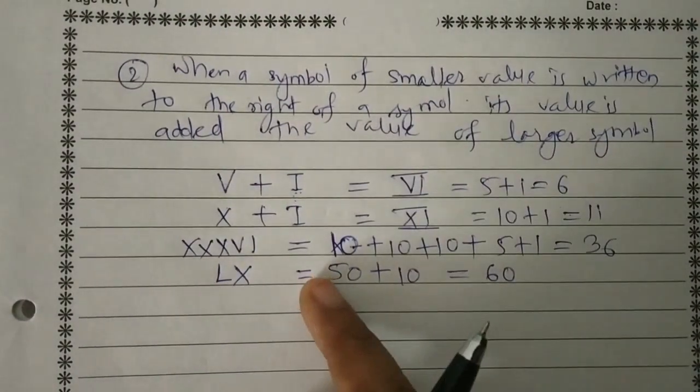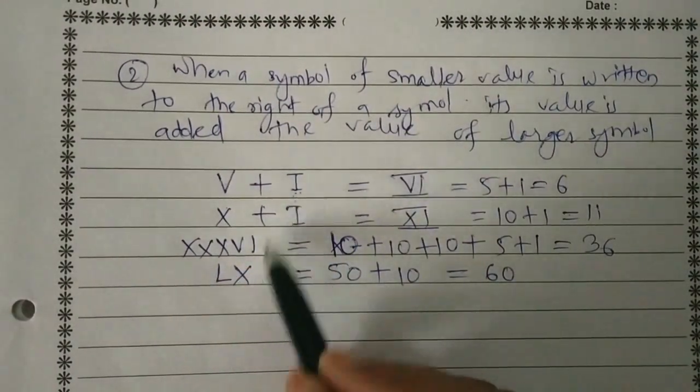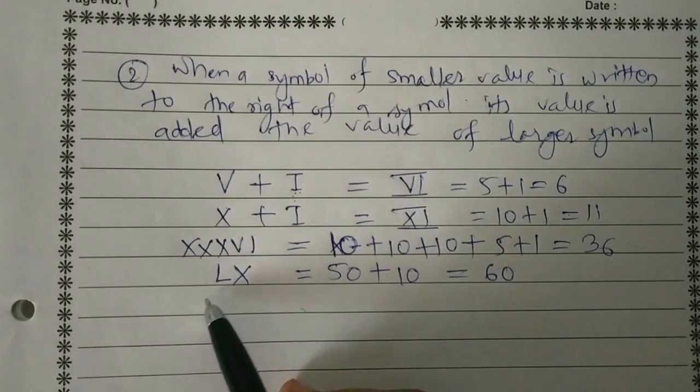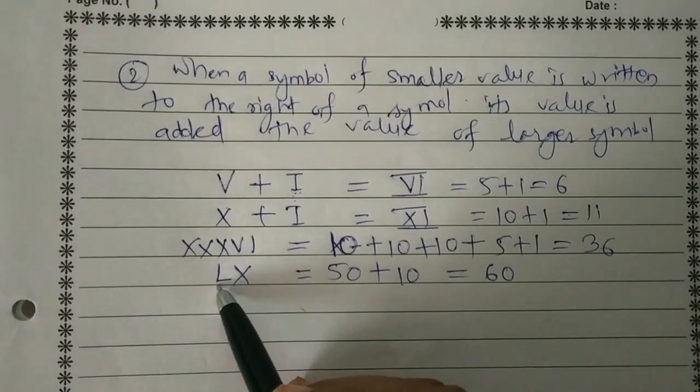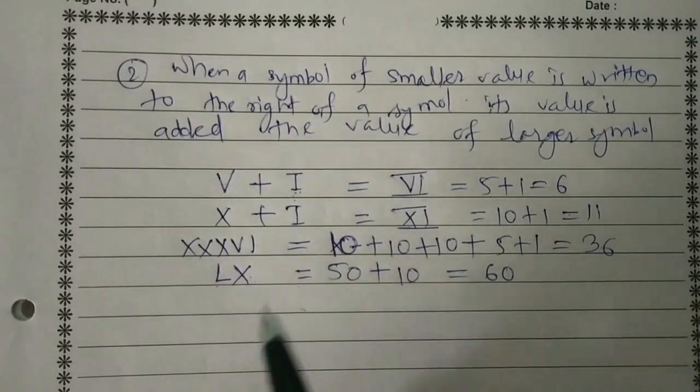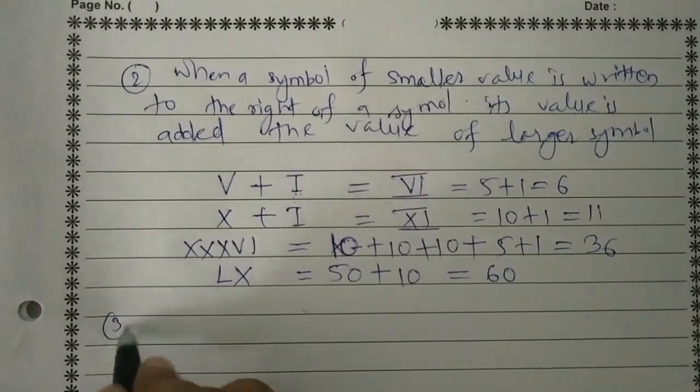So the rule is very important. When a symbol of smaller value is written to the right side, its value is added to the larger symbol. L is larger, this is smaller, and it is on the right hand side, so it will be added here. Now we have a third rule.